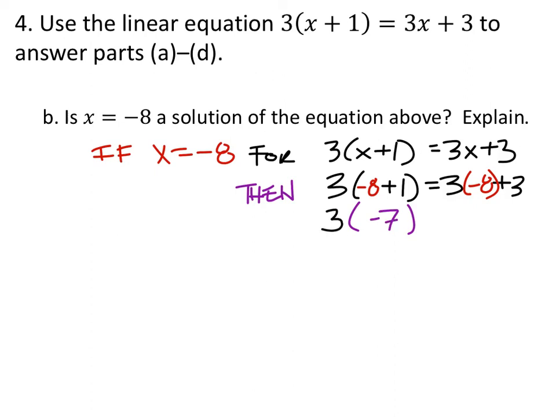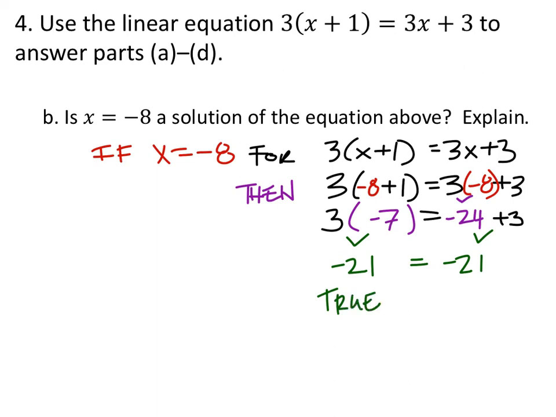I'm going to multiply that by 3. So does this equal 3 times negative 8, which is negative 24, plus 3? 3 times negative 7 is negative 21, and negative 24 plus 3 is also negative 21. This is also true. So the answer to this one is yes. Negative 8 is a solution because it gives us a true statement.